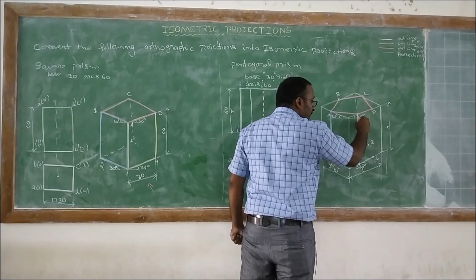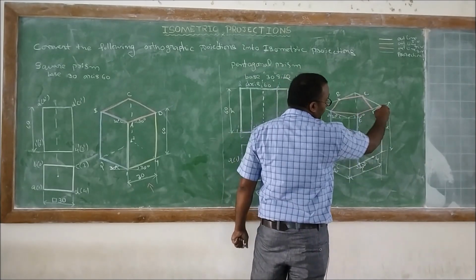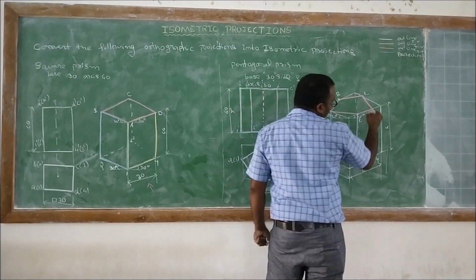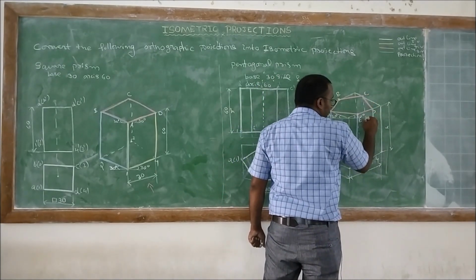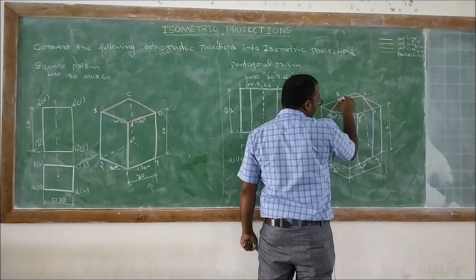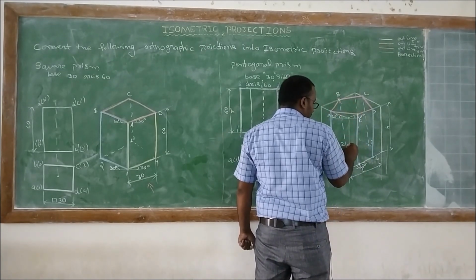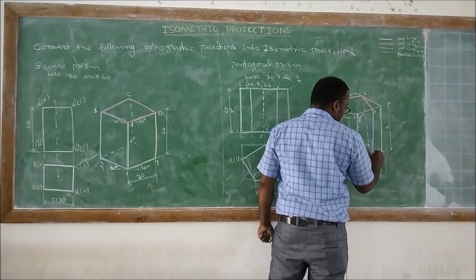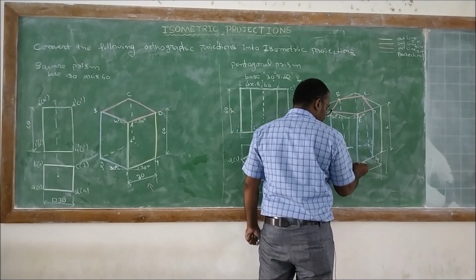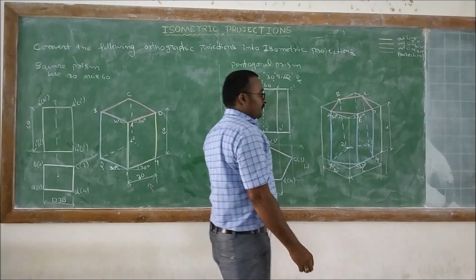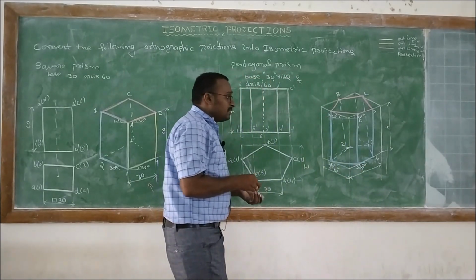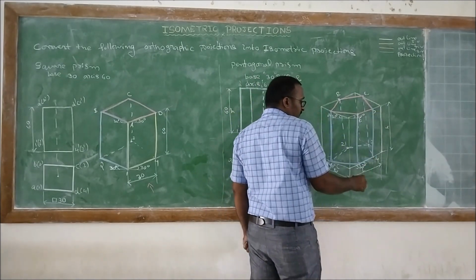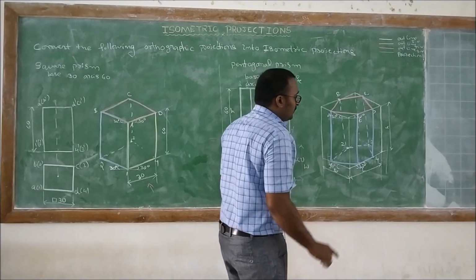Next E5 will be visible, D4 will be visible. So remaining lines are all invisible. Right? So this is the way how we need to represent the front view, side view, top view of the given problem.